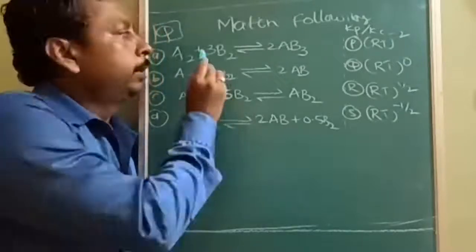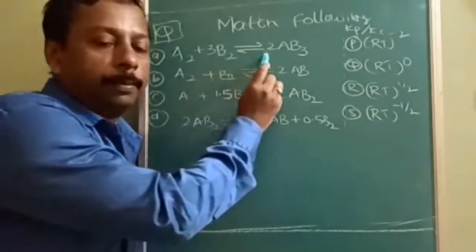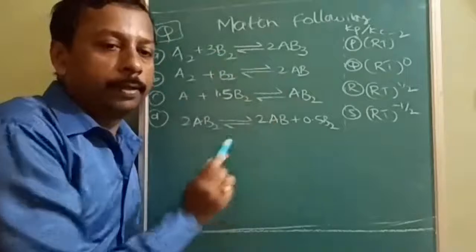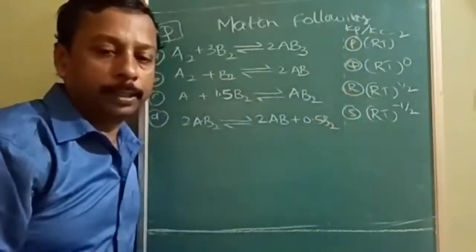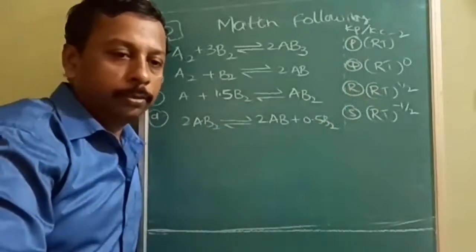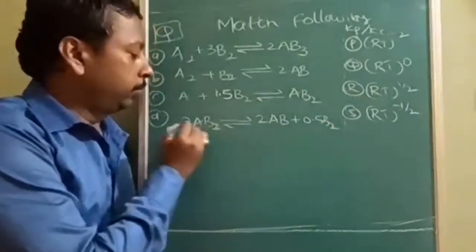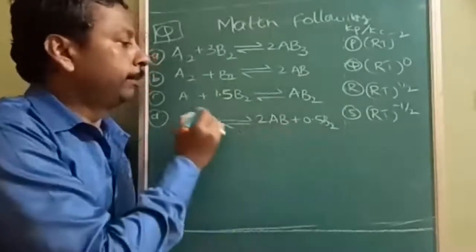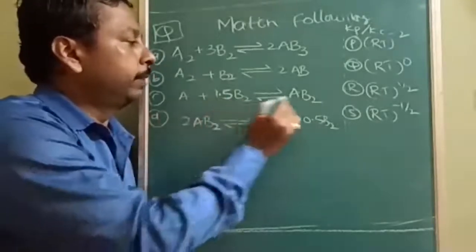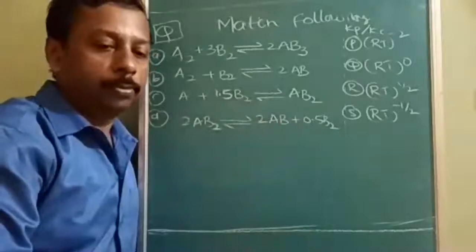A2 plus 3B2 reversible AB3. Certain equations are given, and accordingly you have to find the Kp by Kc. 2AB2 reversible 2AB plus 0.5 B2, A plus 1.5 B2 reversible AB2.